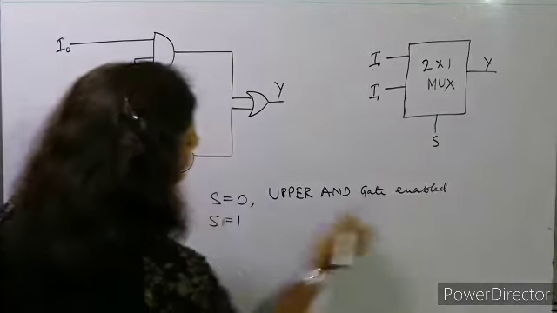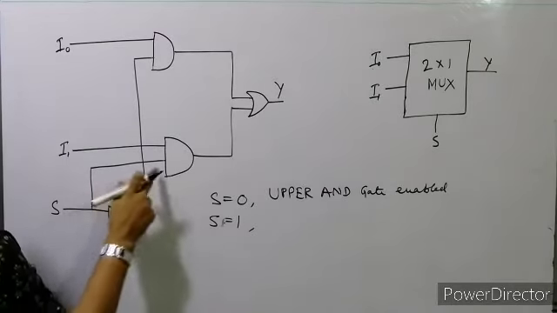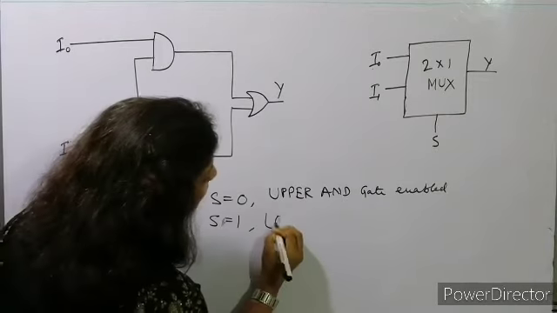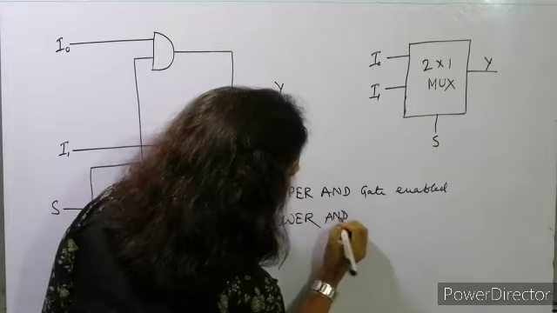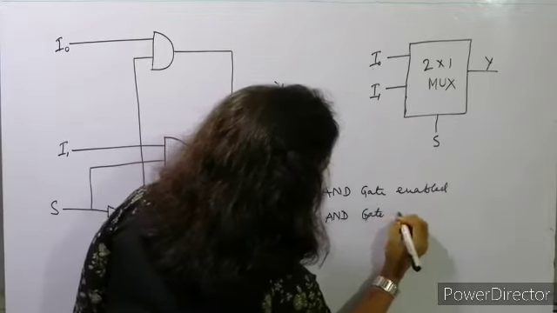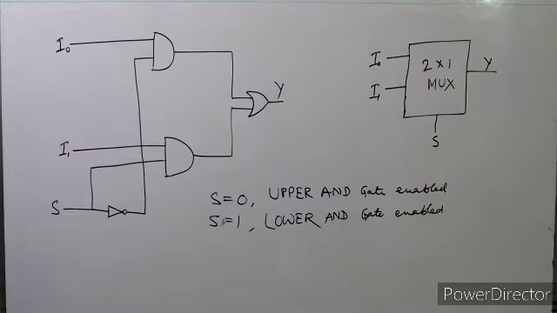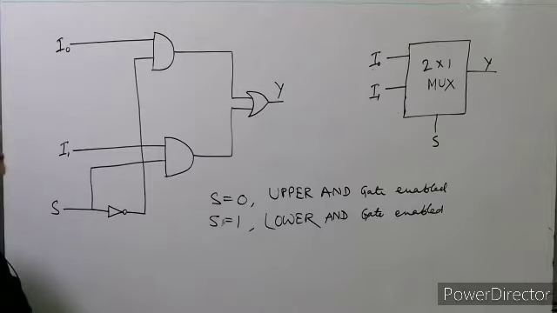But when s is equal to 1, this is 1, so this will be enabled, so the lower AND gate is enabled. In this way, the select lines determine which input line will be selected, through the bit combination.